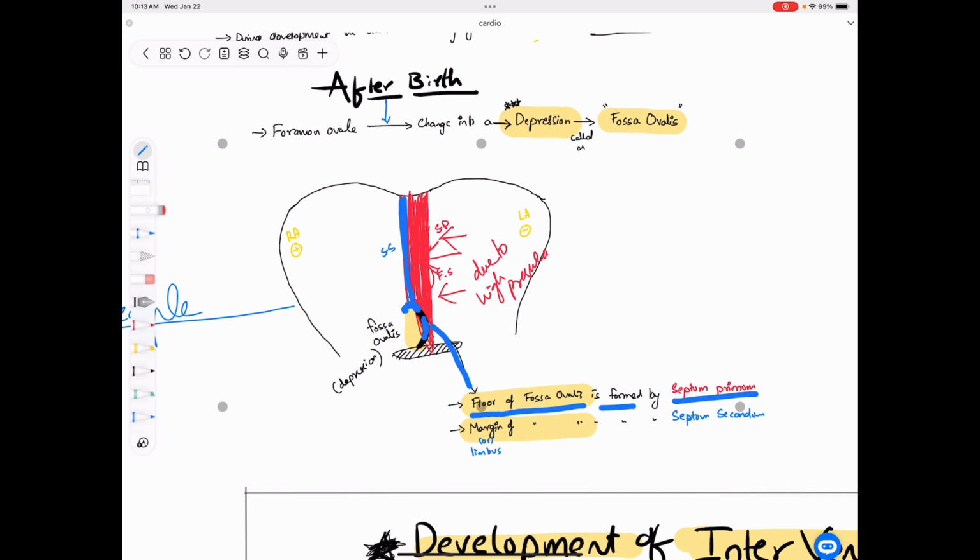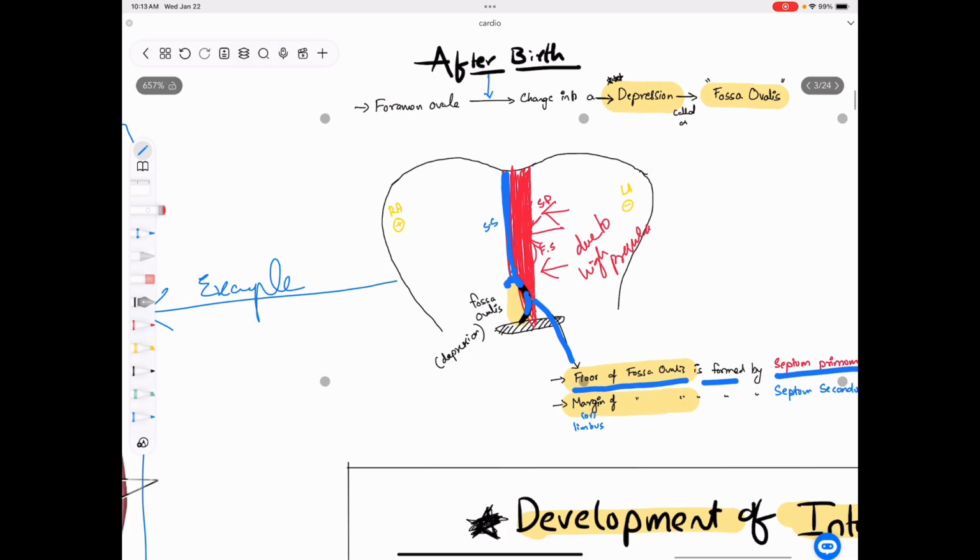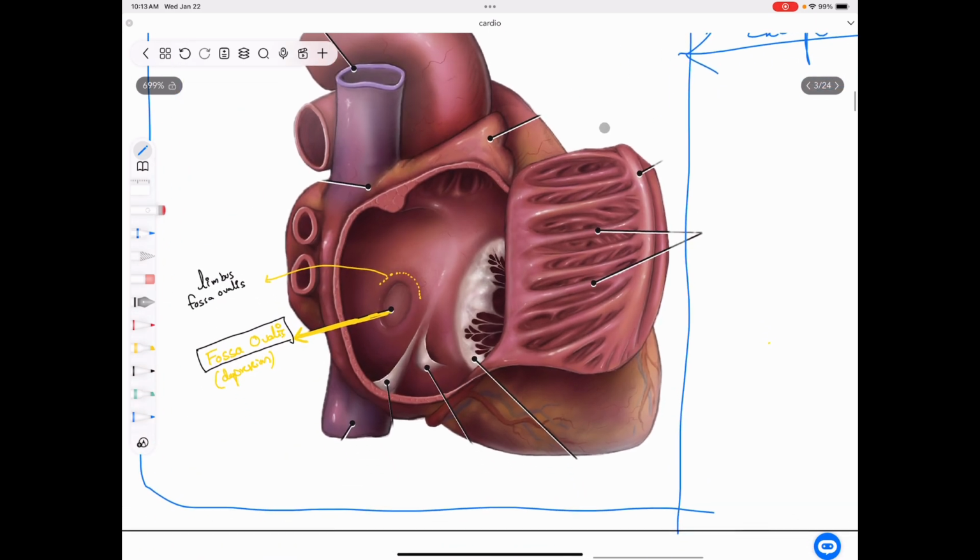The limbus fossa ovalis is formed by septum secundum. Floor of the fossa ovalis is formed by septum primum. Margin or limbus of the fossa ovalis is formed by septum secundum. This depression is fossa ovalis. This margin is limbus fossa ovalis.